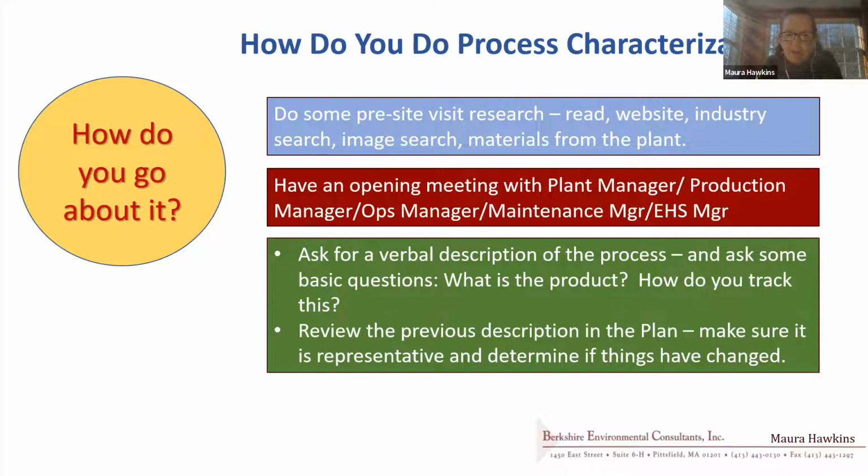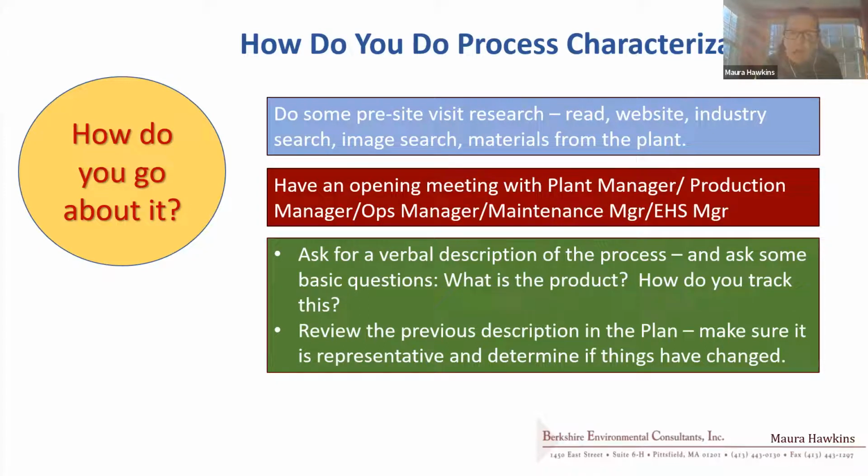The next thing I always do is I have an opening meeting with the relevant people. That might be the plant manager, it might be the production manager, it might be the ops manager, depending on how the plant is organized, the maintenance manager, or I might just start with the EHS manager and we just sit down and talk about what the objectives are, not just the regulatory objectives of the plan, because that's the required component.